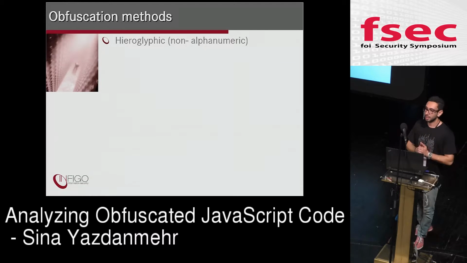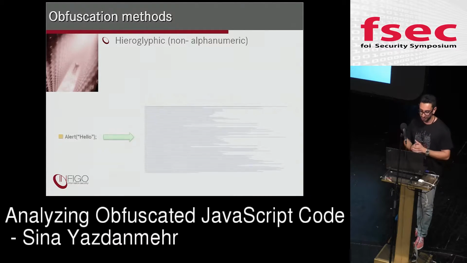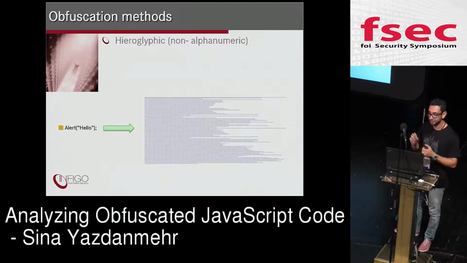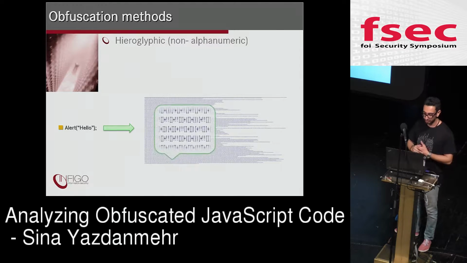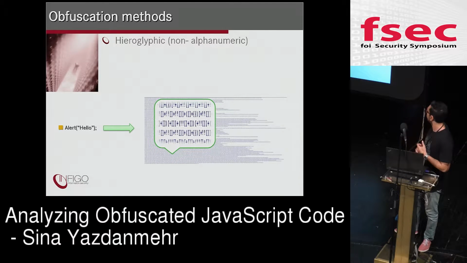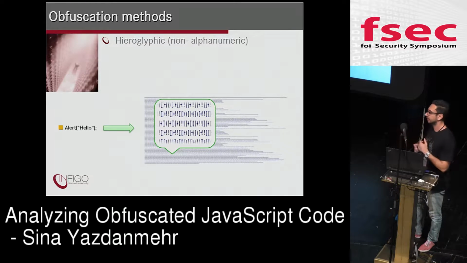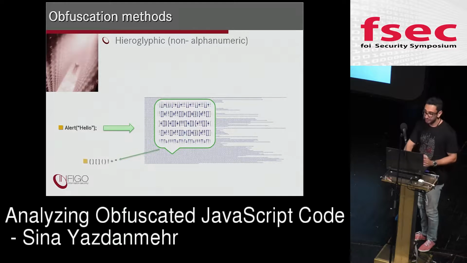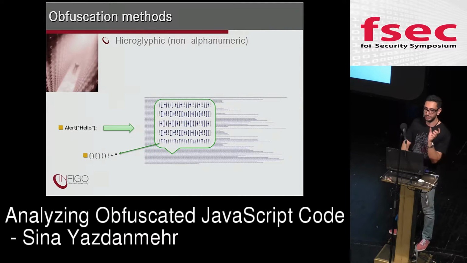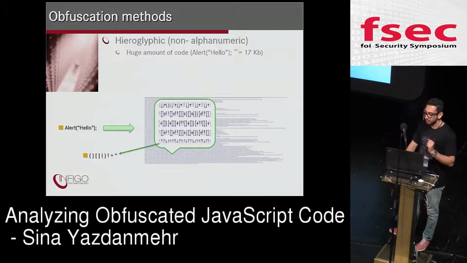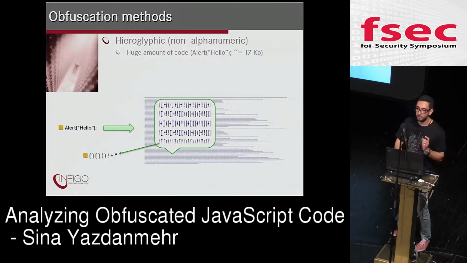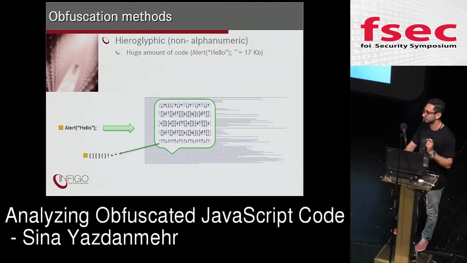The non-alphanumeric type is, you can say, not a common type because of some disadvantages. For example, alert hello in this type would be a bunch of punctuation signs. Because of the limitation in character range, the size of the code will be so huge, so it's not reasonable to use this type of obfuscation.